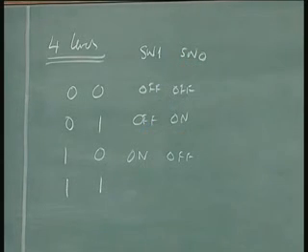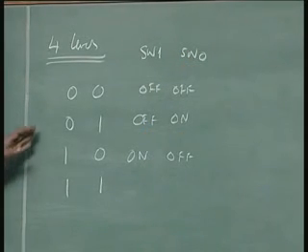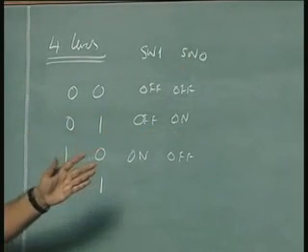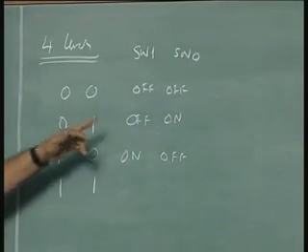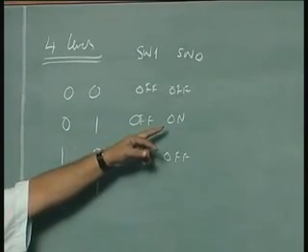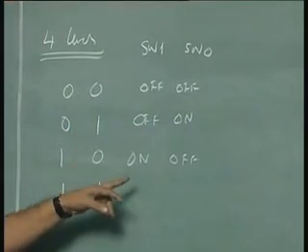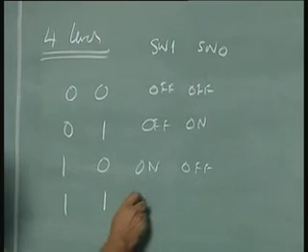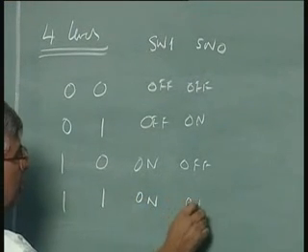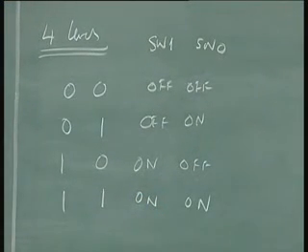Switch 0 is off, switch 1 is off, number is 0, 0. If one is on and the other is off, it is 0, 1. And then when both are on, it will be the fourth level. So, 2 switches can give you 4 levels.